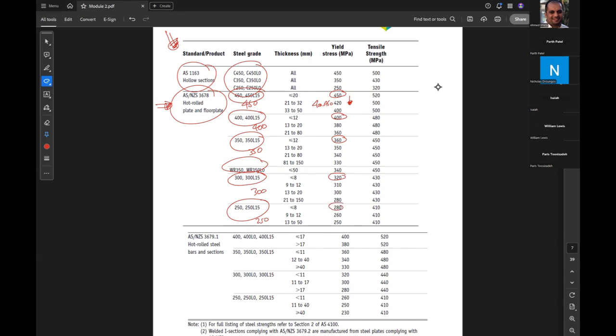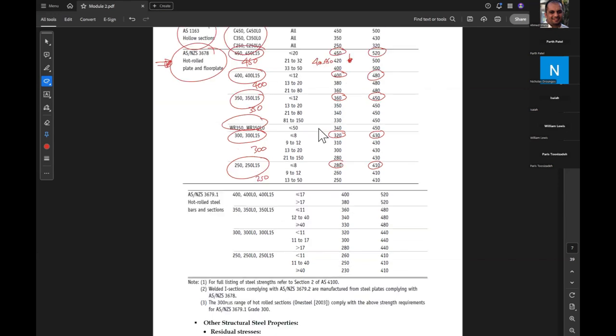So these are the available steels in the market. Also, as you can see here, the tensile strength Fu, and here the yield strength Fy. Fu should, by logic, be greater than the yield Fy. So for grade 450 it is 520, and 480, 450, and 410. All these properties are available in the Australian standard for the sections available in the market.